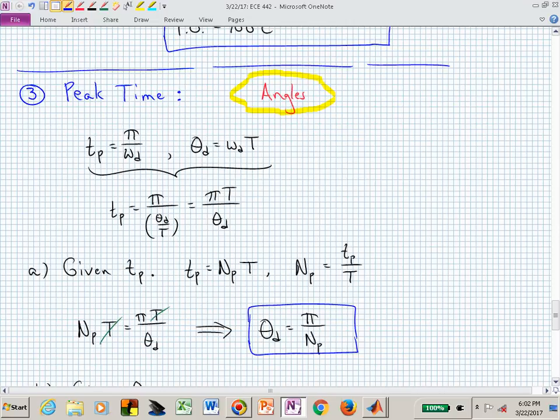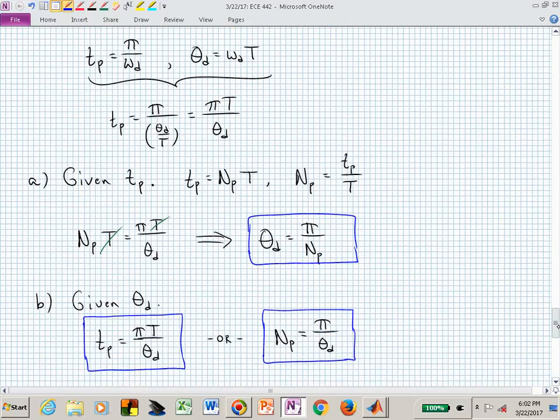And now we can look at that two different ways. If somebody gives us the peak time, T sub p, either absolute or as number of samples, if they give it to us as number of samples, then we can essentially forget the capital T, or the sample period, and we have theta sub d as pi divided by n sub p.